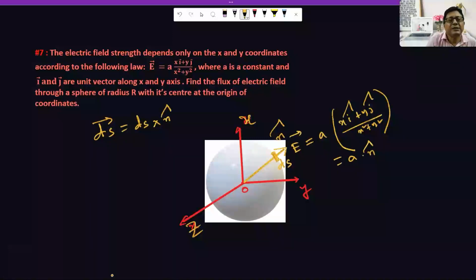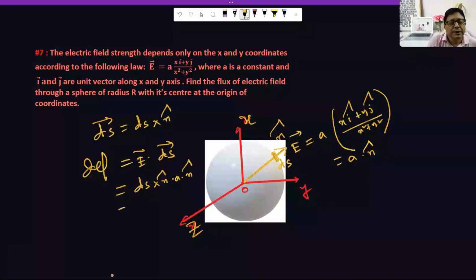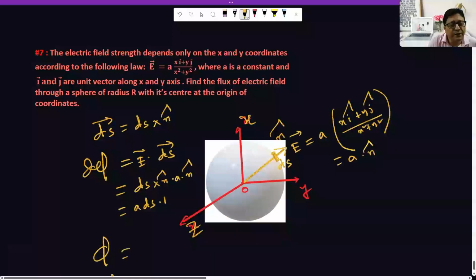So the vector ds is ds into n cap, and d phi is going to be equal to E dot ds. This is ds multiplied by n cap into A n cap. This is A into ds, since n cap dot n cap equals 1. So phi equals the integration of A ds over the whole surface.